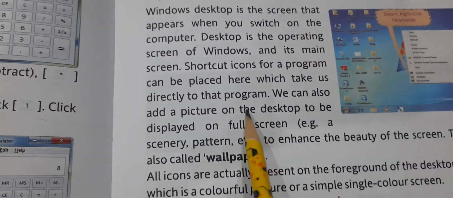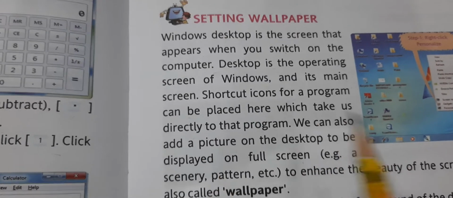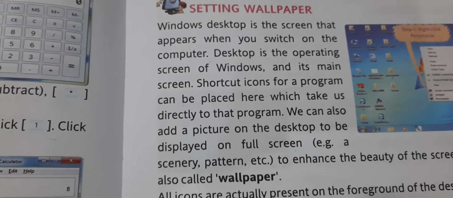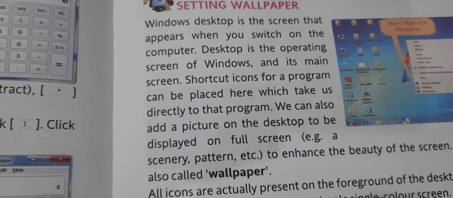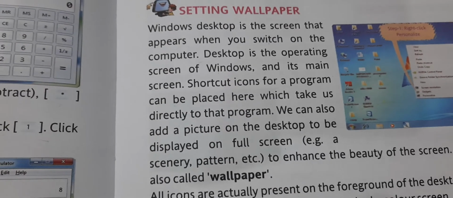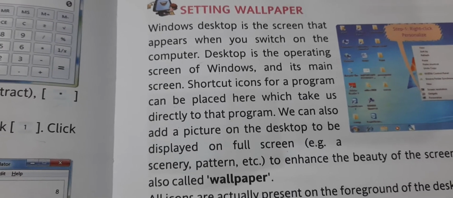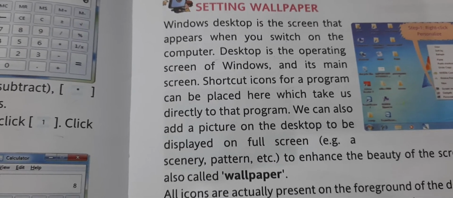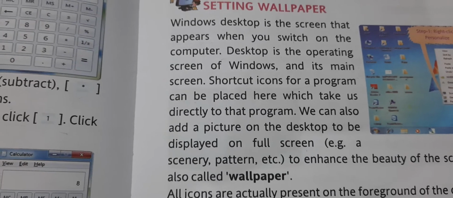Okay, let us understand why we need to change the background. Because at times we do get tired of seeing the same screen, so to give it a new look, to make it more interesting, we change the background of the desktop. Just like at our home also we see our parents change the setting of the home, or they keep certain things in some other place like sofa or television or anything else.